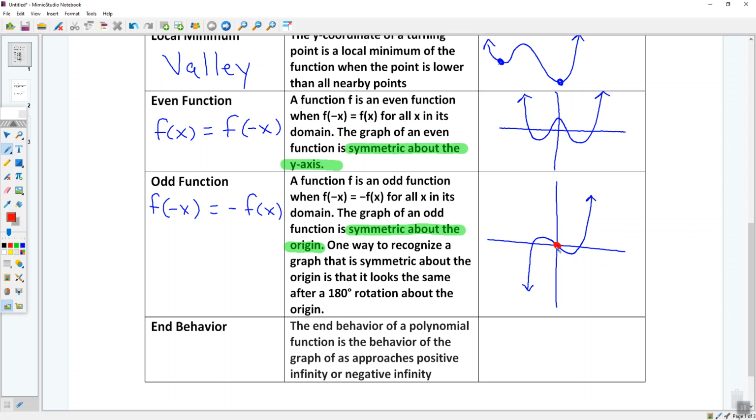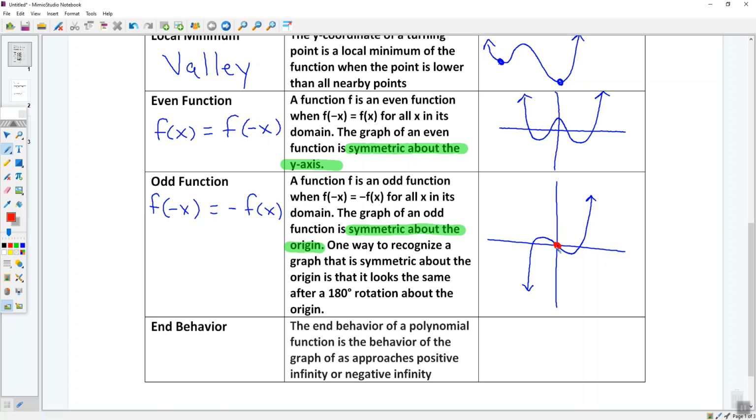Okay, guys, we've talked about end behavior before. The end behavior of a polynomial function is the behavior of the graph as x approaches positive infinity or negative infinity. You remember doing as x approaches infinity, f of x approaches positive infinity or negative infinity. That was probably the first section that we talked about in chapter 3. So end behaviors are going to come into play.